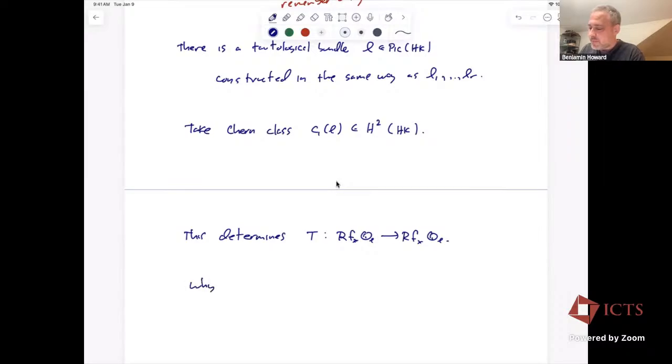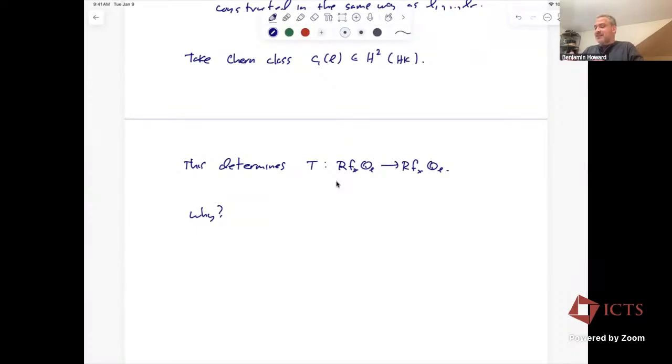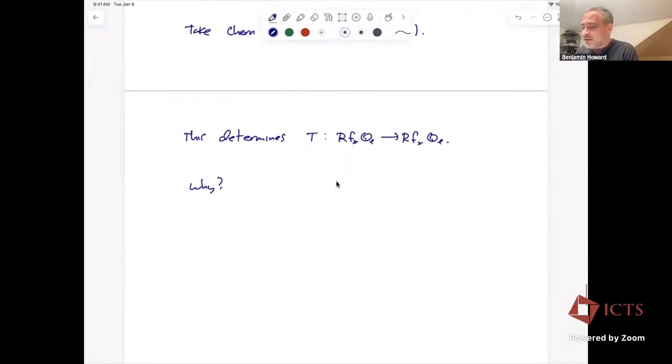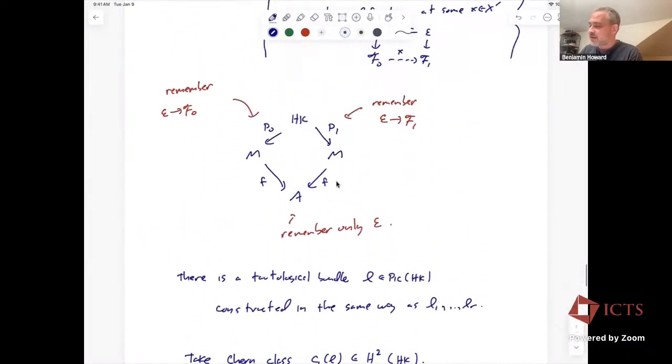Why? Because, I mean, I'm not going to go through the construction of the whole endomorphism in the derived category, which is a bunch of cohomological nonsense, but fiber by fiber, it's something extremely concrete. At each point E_A of the Hitchin base, we can go back to this correspondence diagram and just fiber it over that point.